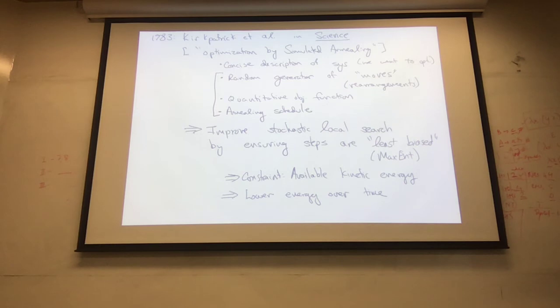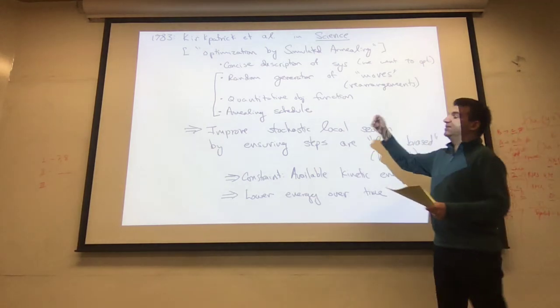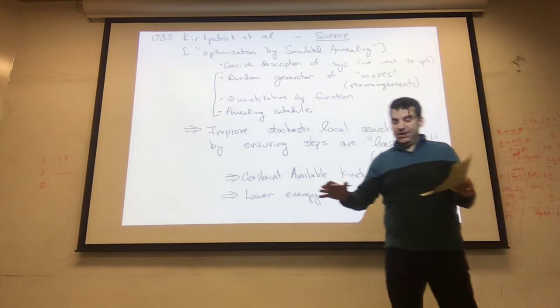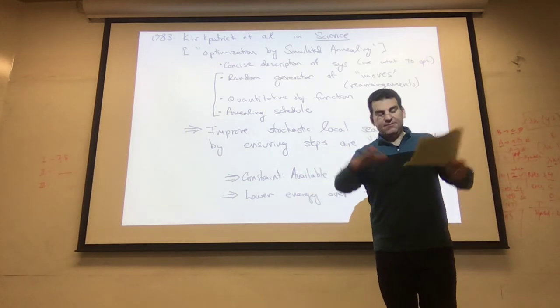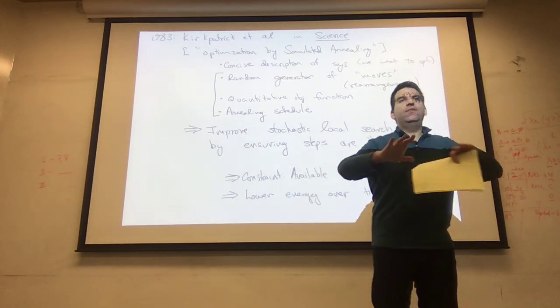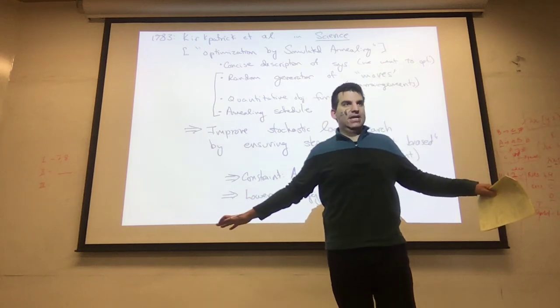So when you say by ensuring that the steps are least biased, I'm not able to fathom what's going to make the steps biased in the first place, because you're going to have a random generator of moves. Right, yes. Okay, so the idea here is if I am sitting in configuration space, I can move in 100 different dimensions.